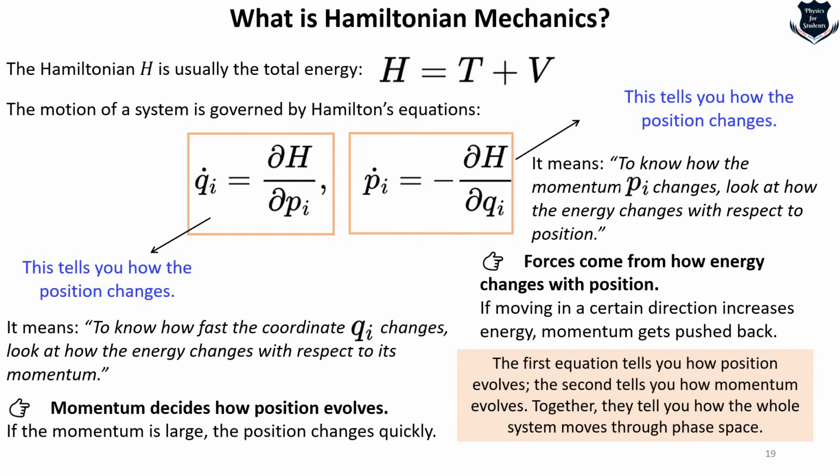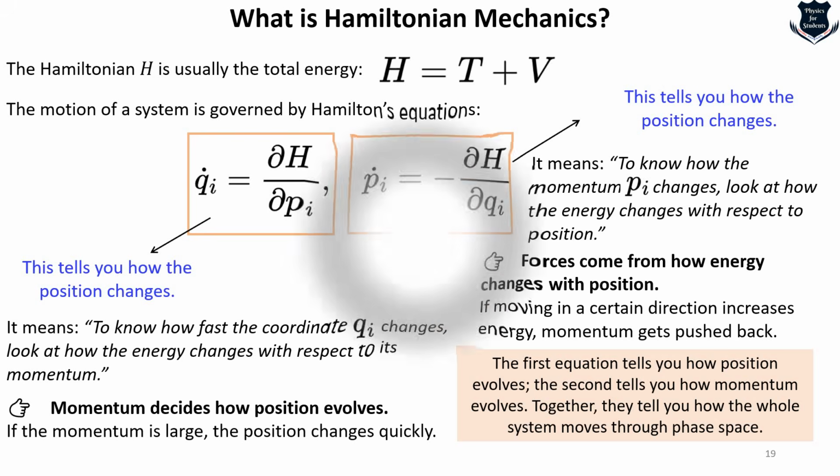So the left hand side of the equation tells how position evolves, and the right hand side tells how momentum evolves, and together they tell how the whole system moves through phase space. Now you can go back and revisit the definition of phase space, where both position and momentum are taken together.